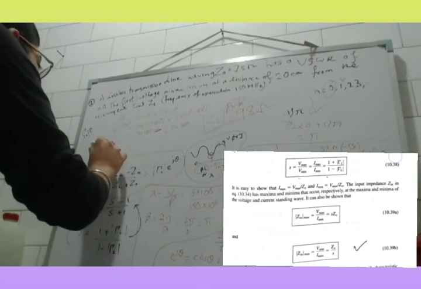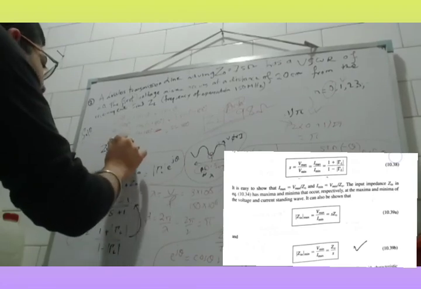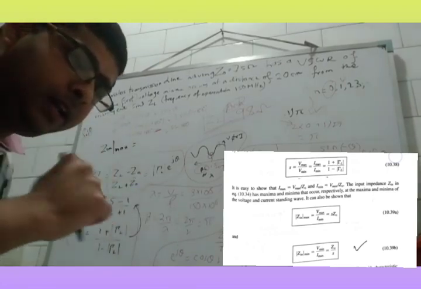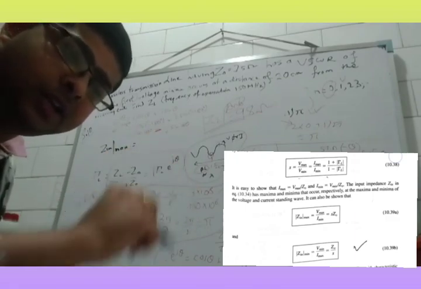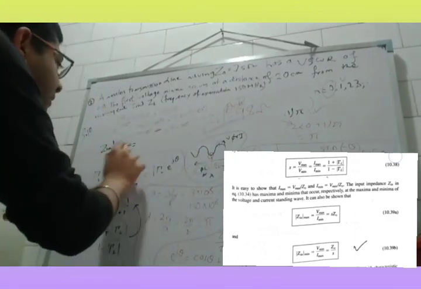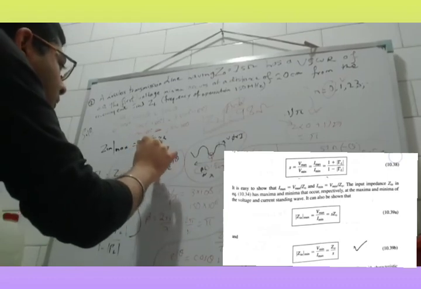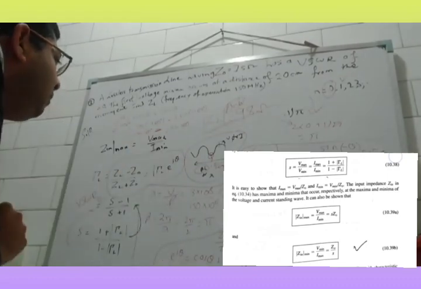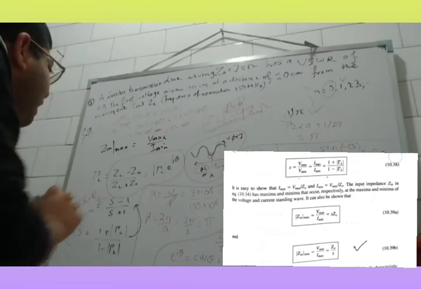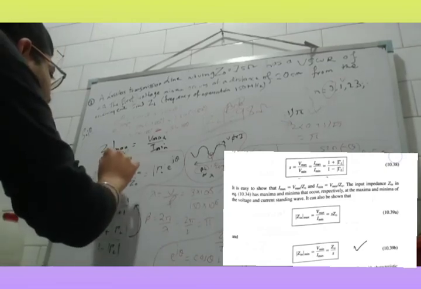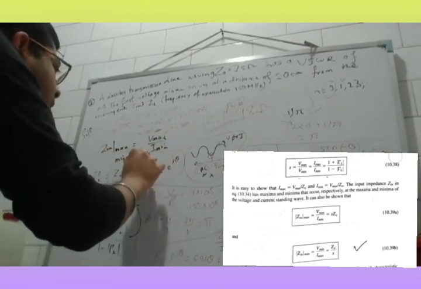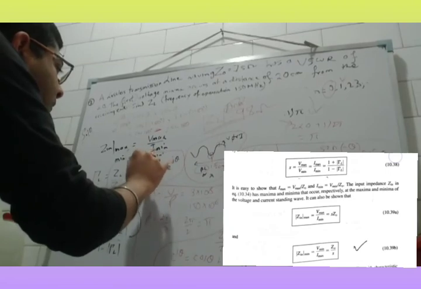If you say Z in max, how do you calculate impedance? Voltage by current. So voltage here, if I say max, that means Vmax by current, which will be minimum, of course. So this is the formula for Z max: Vmax by Imin. And for minimum, this will be Vmin by Imax.